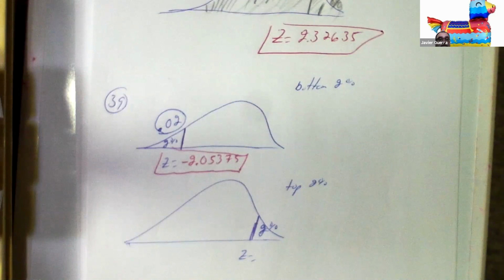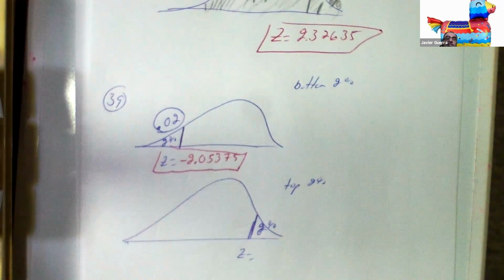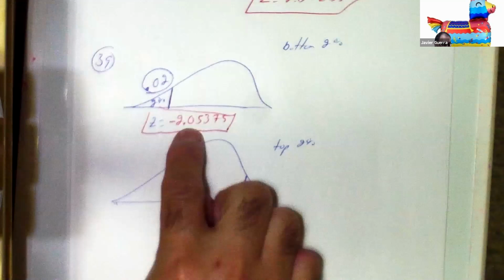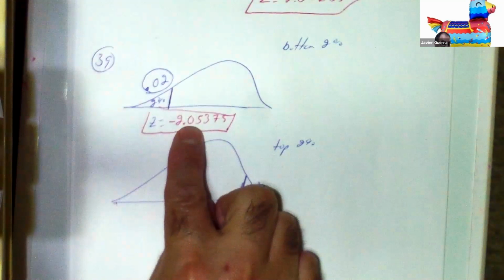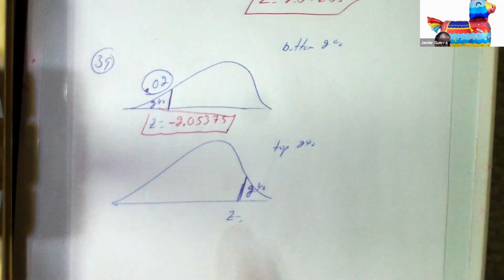There's that number. Okay, now let's see if you can put 2 and 2 together. Remember I told you that the bell-shaped curve is symmetrical. So if this one is negative, what do you think this one's going to be? Any guesses?